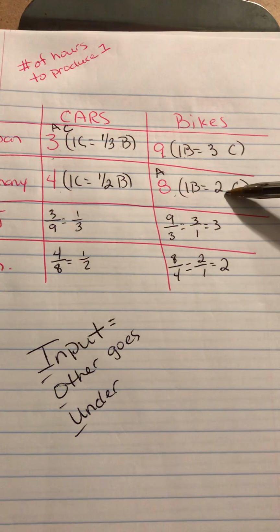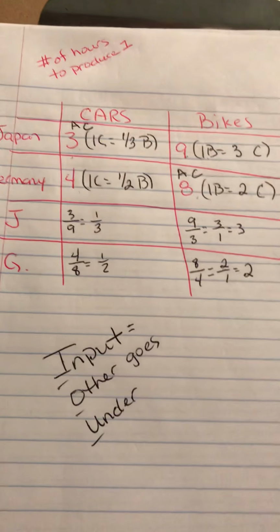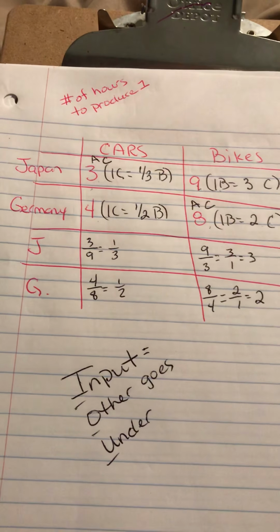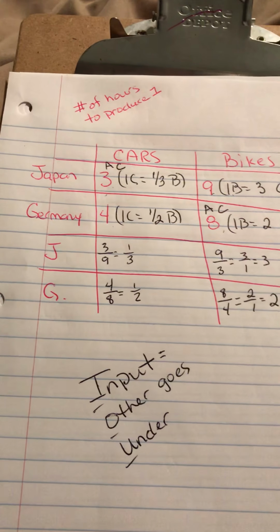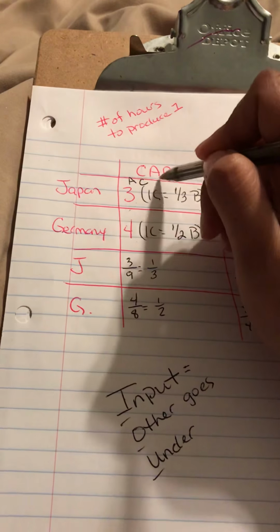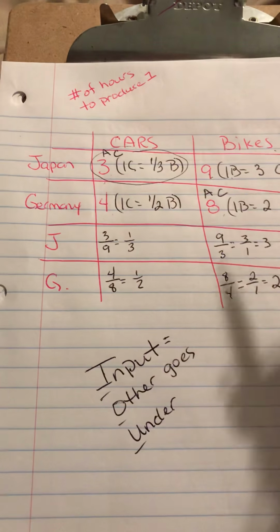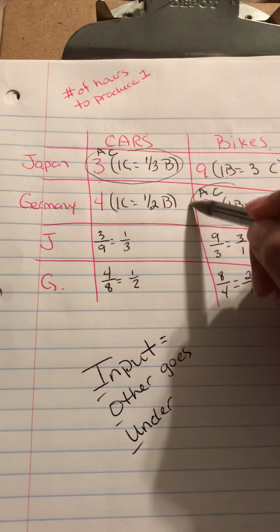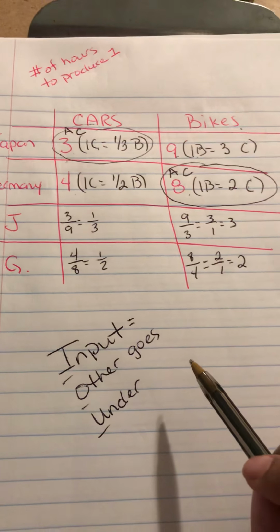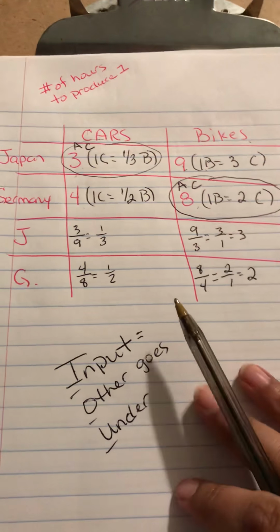Germany gives up less, so they have comparative advantage in bikes because they have a lower opportunity cost in the production of bikes. So who should specialize in what? Japan should specialize in the production of cars and trade for the bikes, and Germany has a comparative advantage, so they should focus on making bikes and trade for the cars. Why? Because they have a lower opportunity cost.